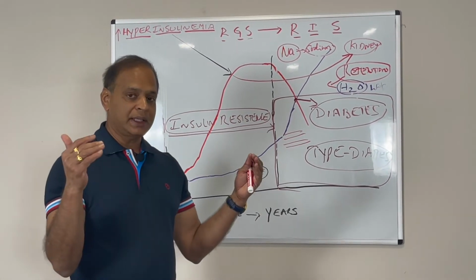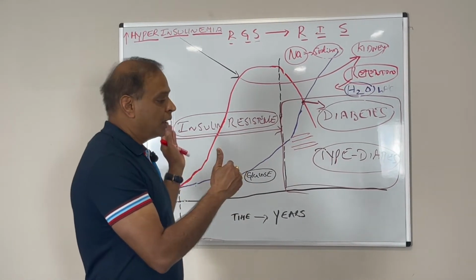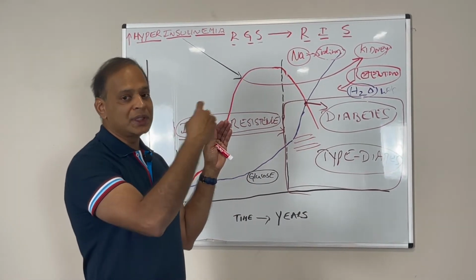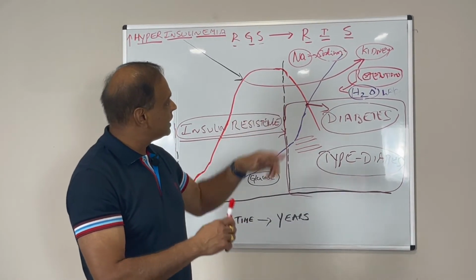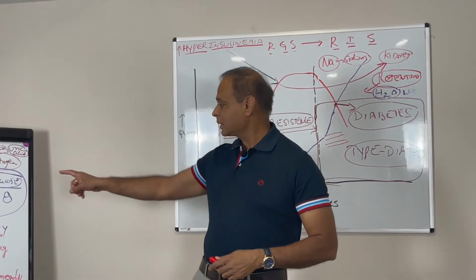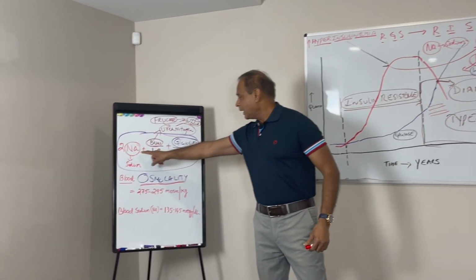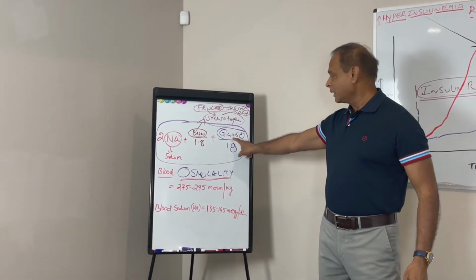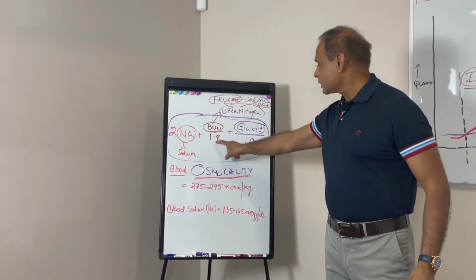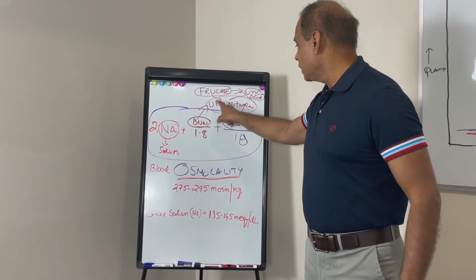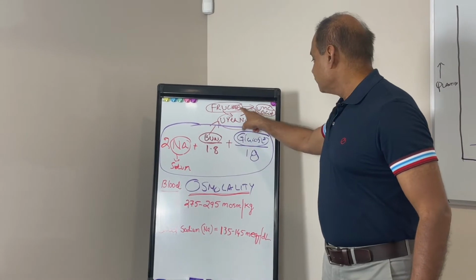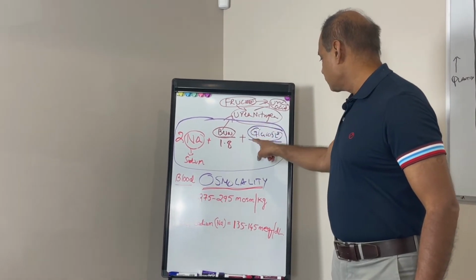So we connected the high blood pressure to glucose through insulin, and from there we also went to adding that sodium here and adding that glucose here, and we also brought in the concept of blood urea nitrogen and uric acid, which comes from fructose, not glucose.